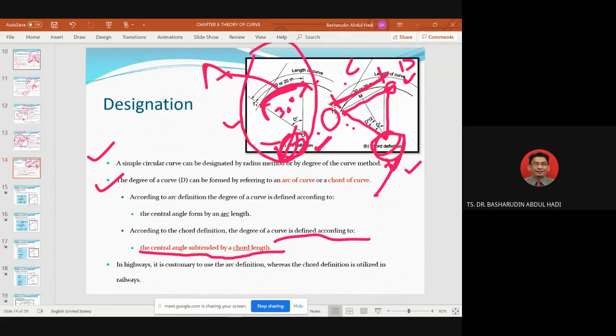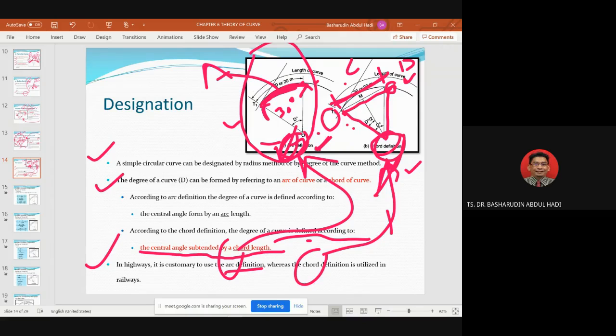In highways, it is customary to use the arc definition, whereas the chord definition is utilized in railways. For highways, normally we use the arc definition, and for railways, the chord definition. This one is for train, this one for your car. Alright, that is the designation.